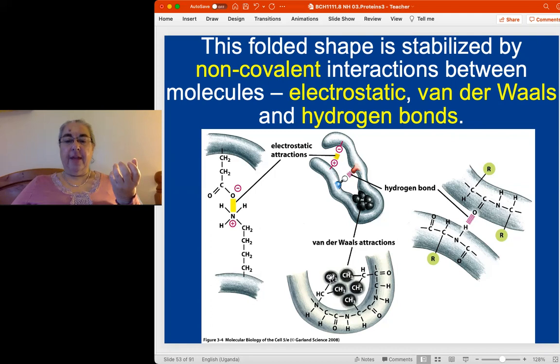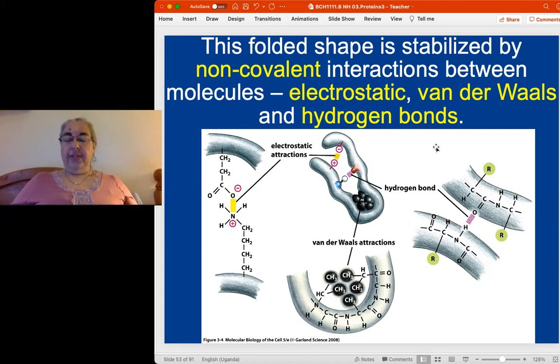These methyl groups here are attracted to each other and somehow forming a bend in the protein. Okay, so these come together by van der Waals attractions, and you can see that the protein here has adopted a folded shape. So non-covalent interactions are weak compared to the covalent bonds, but when there are many, many of them, they can have a big effect in stabilizing the folded structure of a protein.